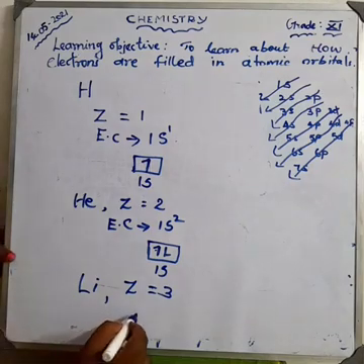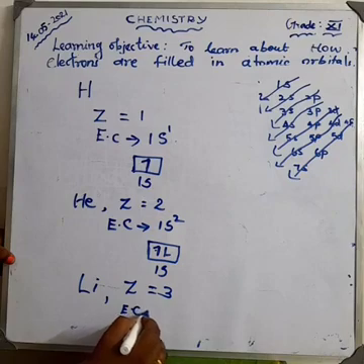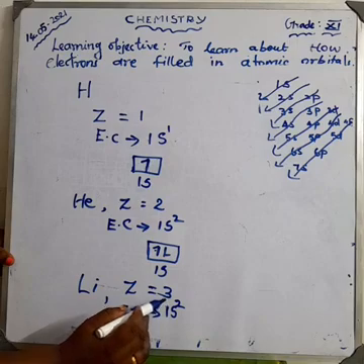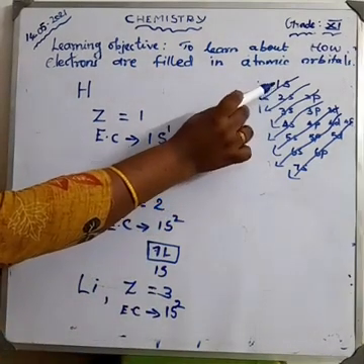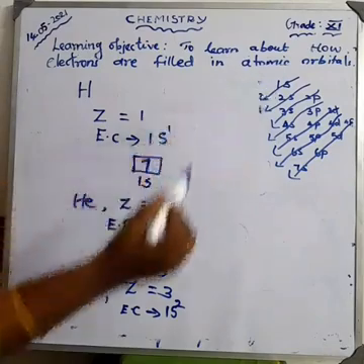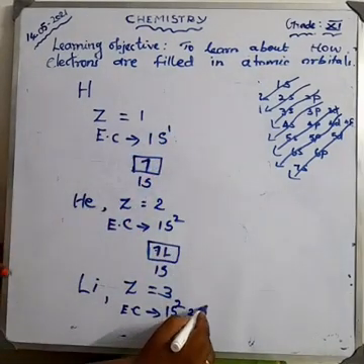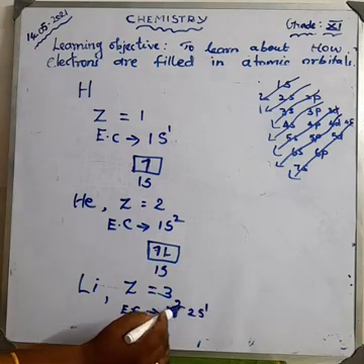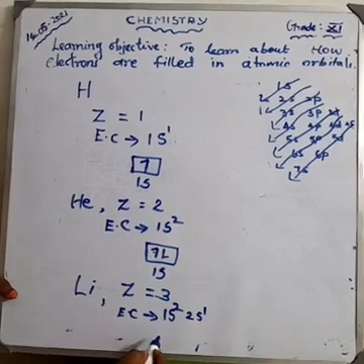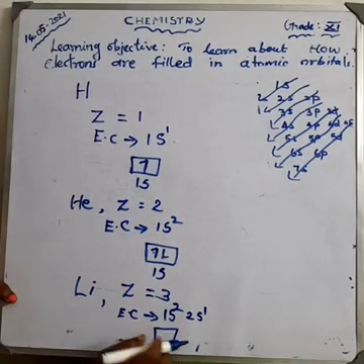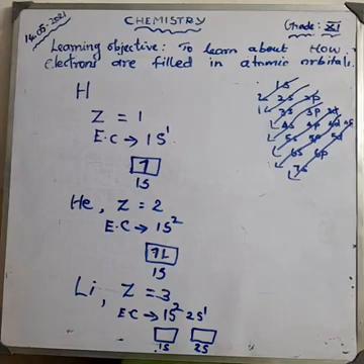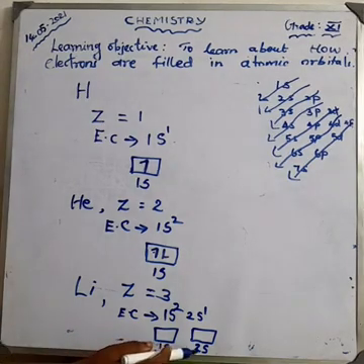So how to write the electronic configuration for lithium? 1s2 first, and another one electron, so 2s1. So 1s2 and 2s1, a total of 3 electrons. We fill the 1s orbital first and then the 2s orbital.